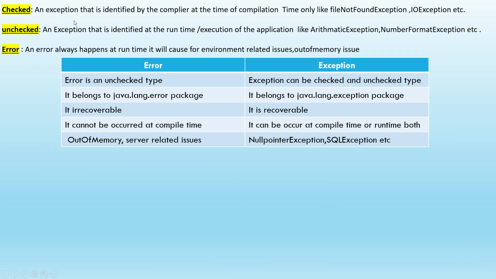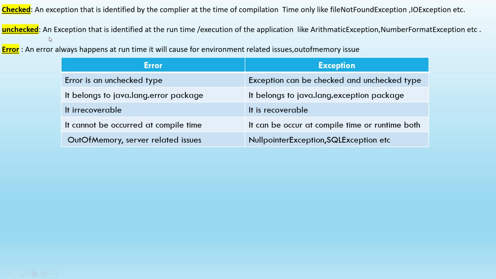Coming to checked exception, that is identified by the compiler when we are developing the programs or applications. That time only it is showing. For example, we are trying to open a file, FileNotFoundException, IOException. At that time the compiler identifies it and says you have to handle those exceptions.